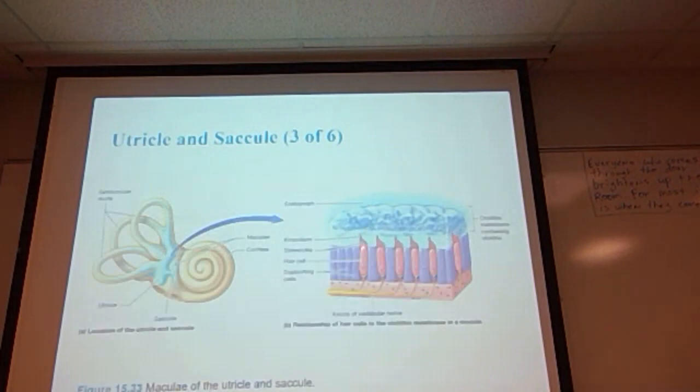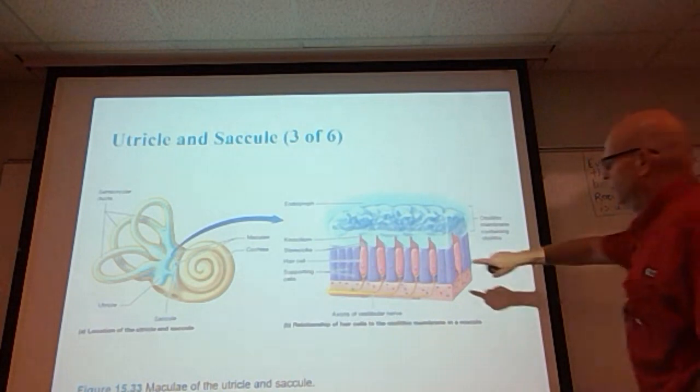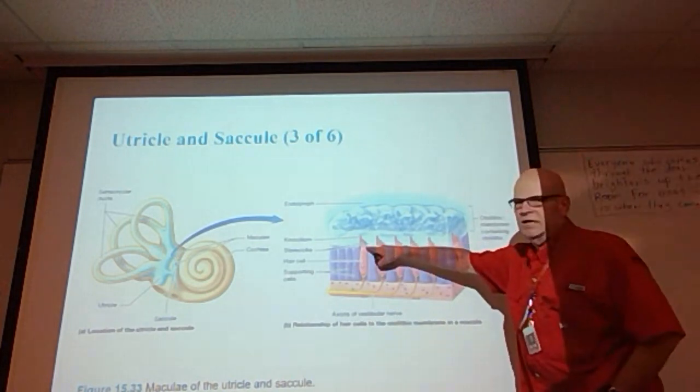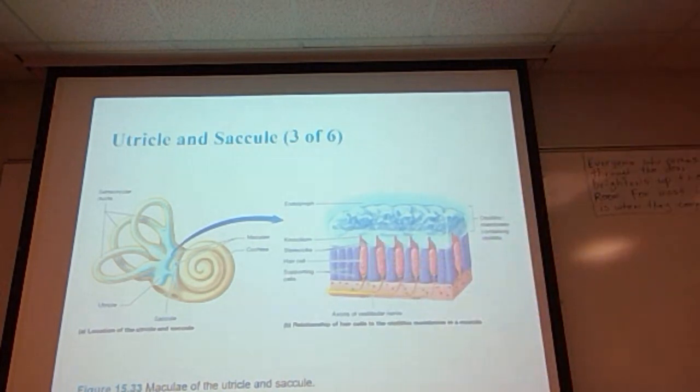Now remember, all of these things are going to move in the same direction as a unit. So if they are moving that way, as you're looking at your screen to the left, they are moving toward the kinocilium. If they are moving the other direction, toward the shorter stereocilium, then they are moving away from the kinocilium.